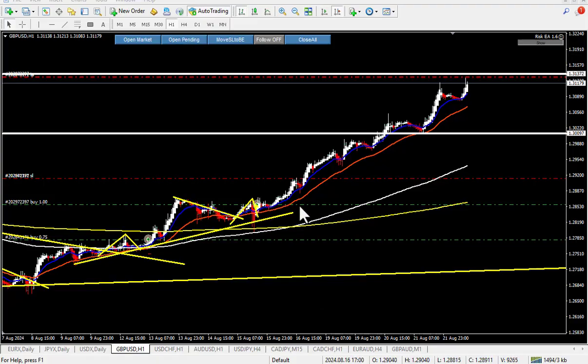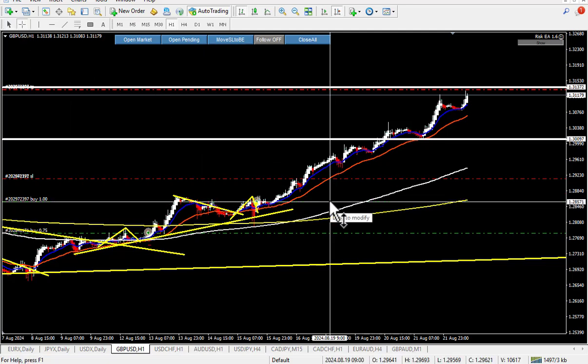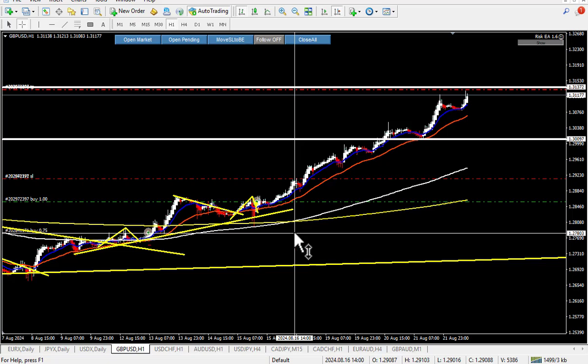So now it is the time for the GBPUSD trade to close. You can see GBPUSD is closing to my second target area. The first target area has been broken, and the price is now just reaching my second target area.